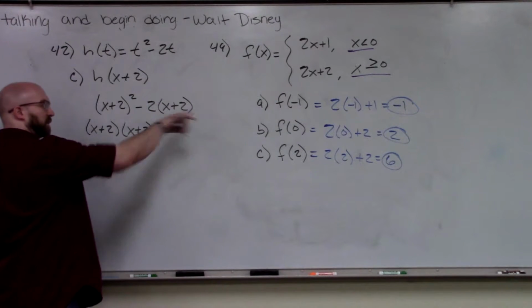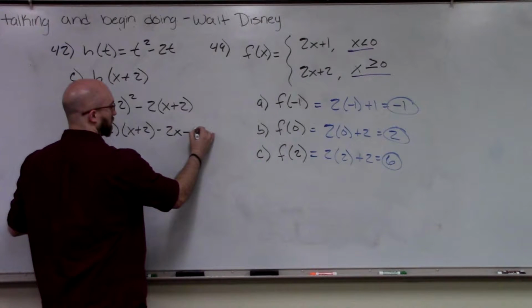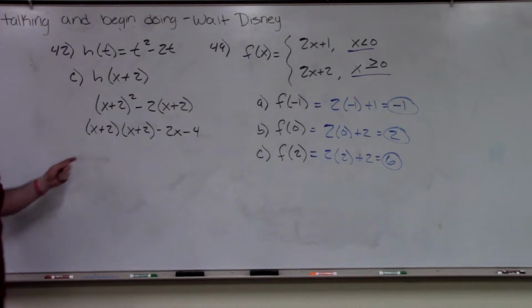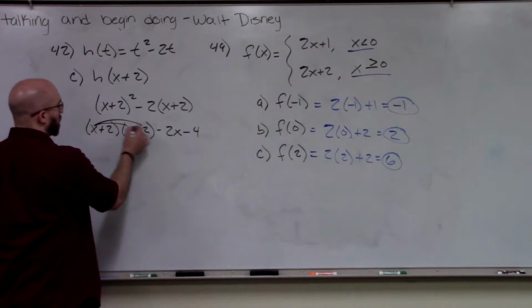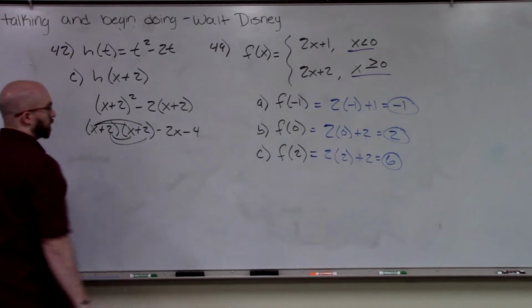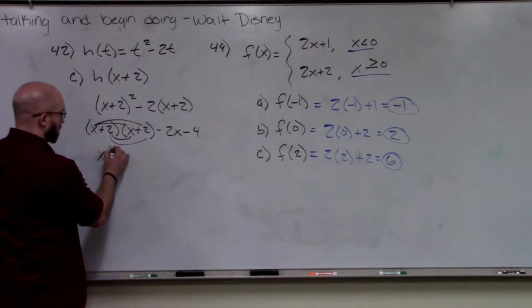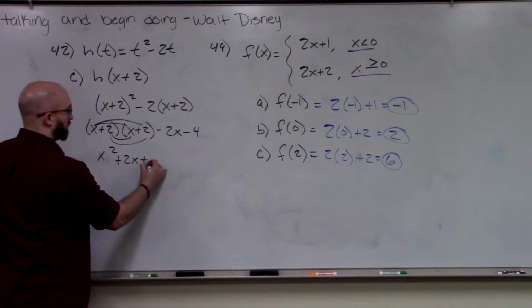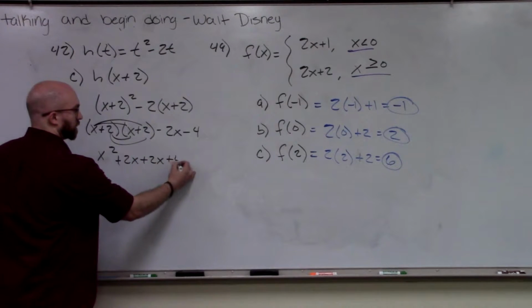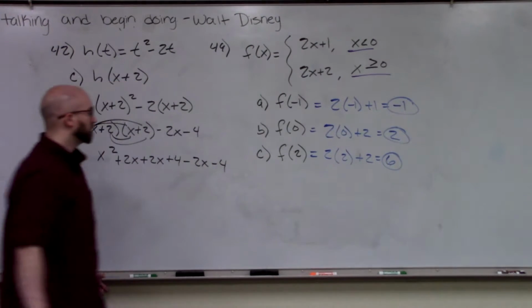I'm going to go ahead and distribute the -2, so it becomes -2x minus 4. When you FOIL, first, outer, inner, last, hopefully we should know that by the time we've been taking math for a while, right? So this should be x squared plus 2x plus another 2x plus 4, minus 2x minus 4.